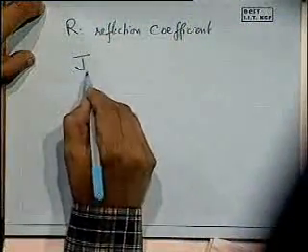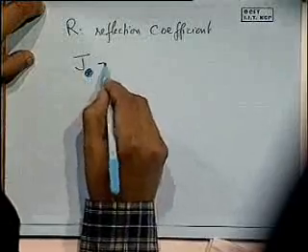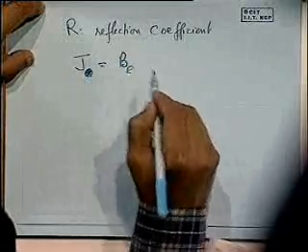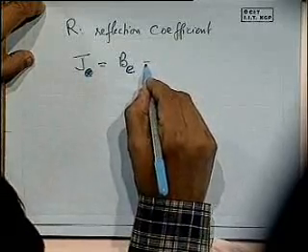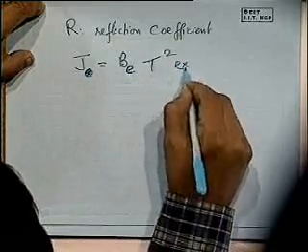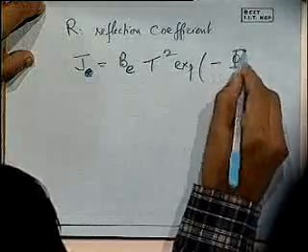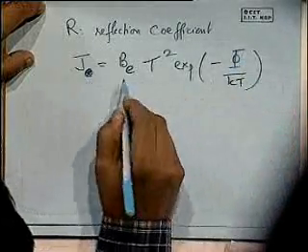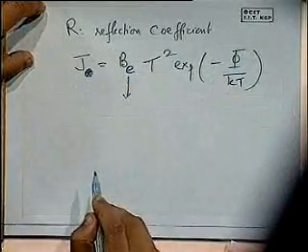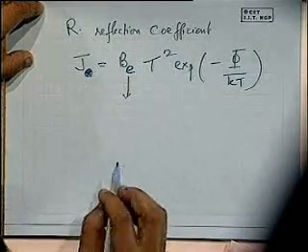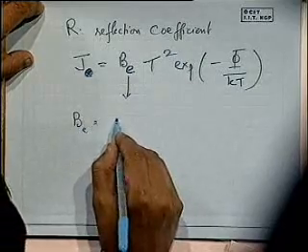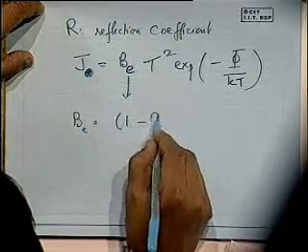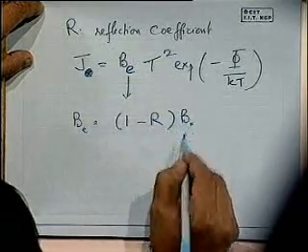And so then we have an effective current density. The constant has been modified suitably: T squared exponential minus phi by kT. So this B_E accounts for the fact that there is a finite probability of reflection. And what is B_E? It's related to the previous Richardson constant by (1 minus R) times B naught.